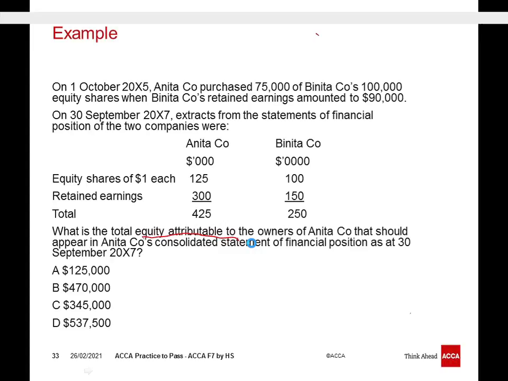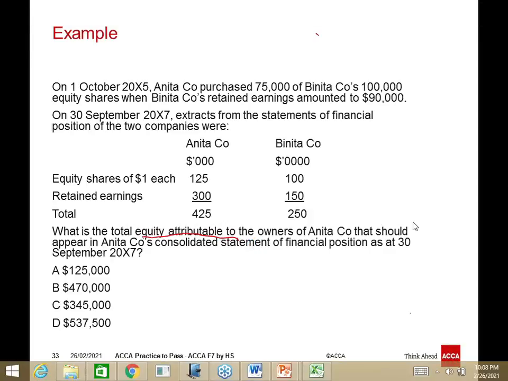So you need to add the share capital and the retained earnings as well. So what will be the answer for this question?